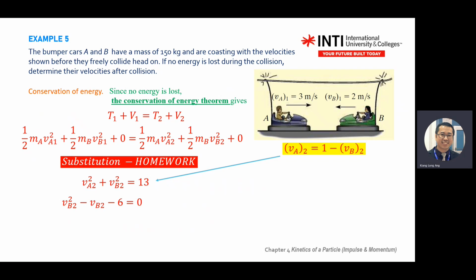Recall how you find the quadratic equation roots. x equal to minus b plus minus square root of b square minus 4ac, divided by 2a. Use that one. What is your VB? How many values of VB do you have?